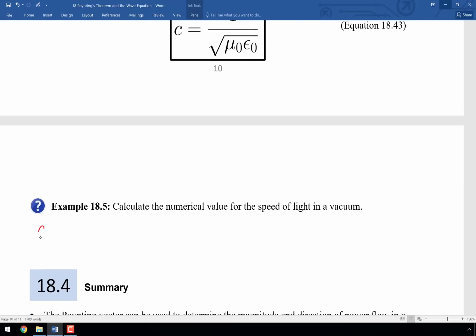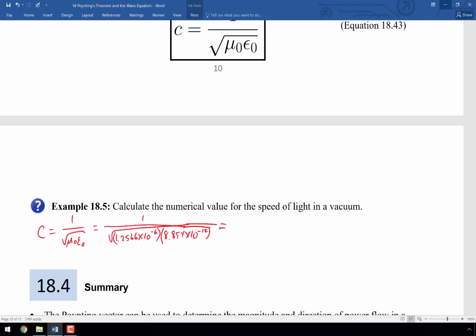So c is equal to 1 over the square root of epsilon 0 times mu sub 0, or I guess I wrote it in my notes as mu sub 0 times epsilon 0, which is equal to 1 over the square root of 1.2566 times 10 to the negative 6th, multiplied by 8.854 times 10 to the negative 12th.